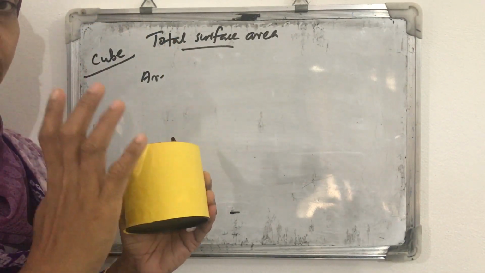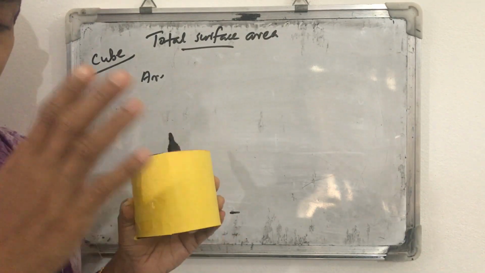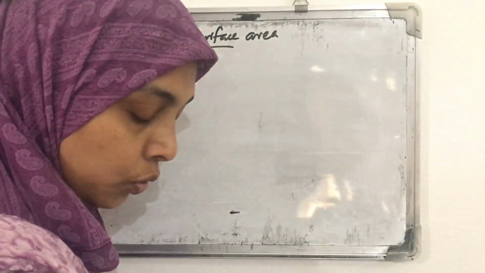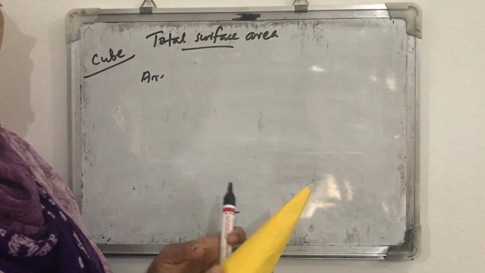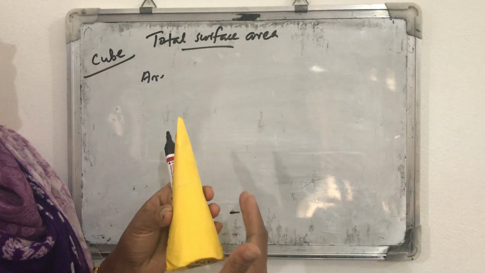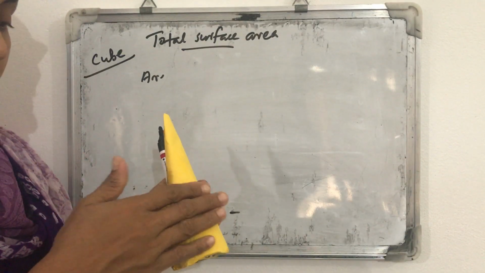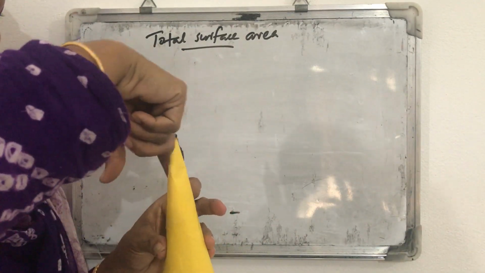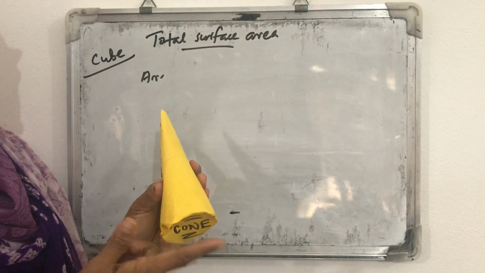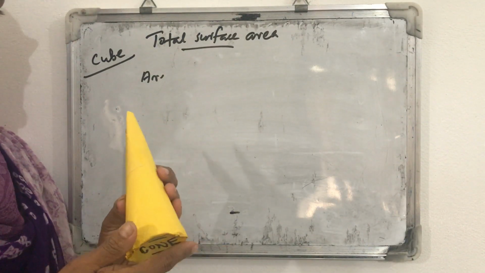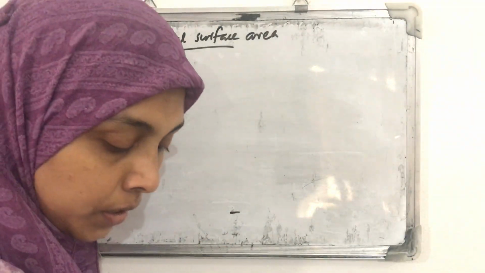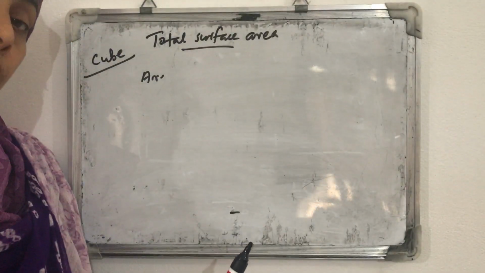That is total surface area for any shape. In the case of a cone also, total surface area means find all the surface area. First find the area of this curved part, and next find the area of this circle. Take their sum, that will be the total surface area of that cone.